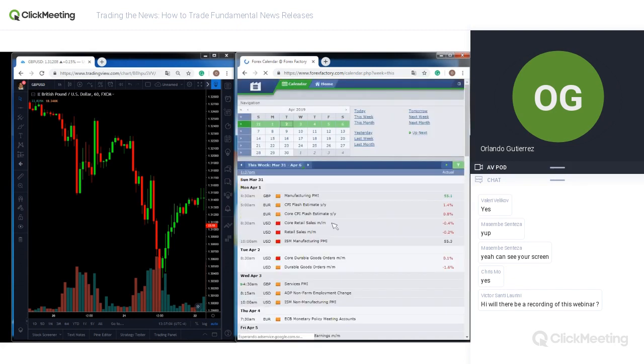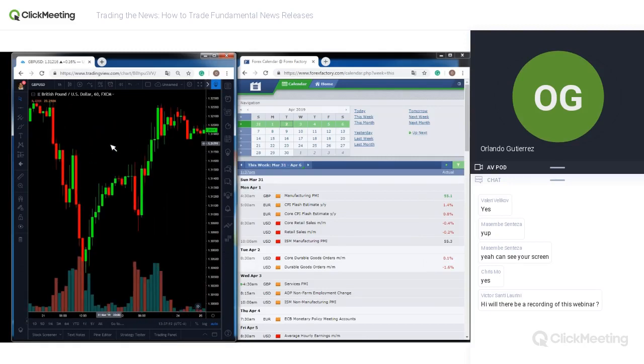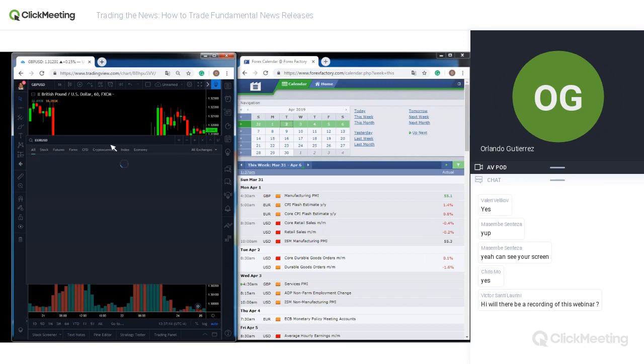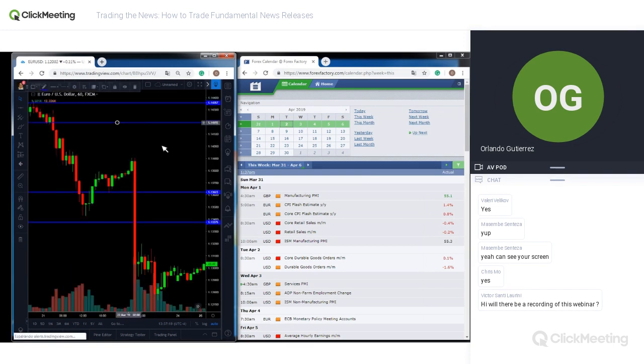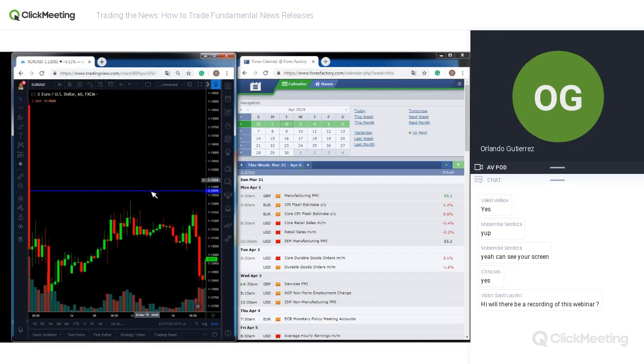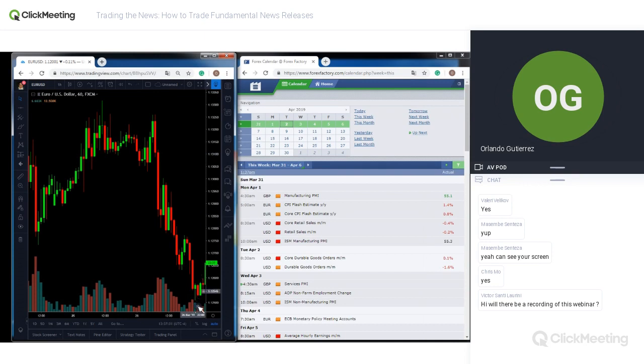Yep, we've had the U.S. dollar core retail sales and the retail sales coming out. Well, of the U.S. of course. So let's go and look at the euro U.S. dollar. Right, so here's the euro U.S. dollar, and let's just get rid of these horizontal lines, and let's go back to the end of this chart.